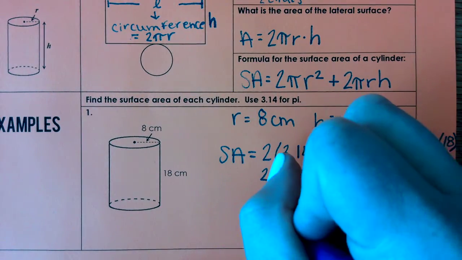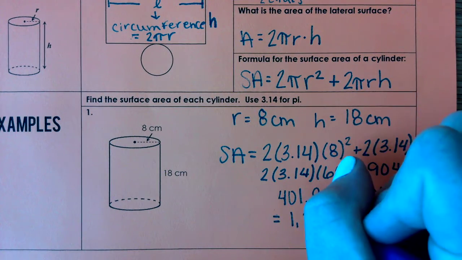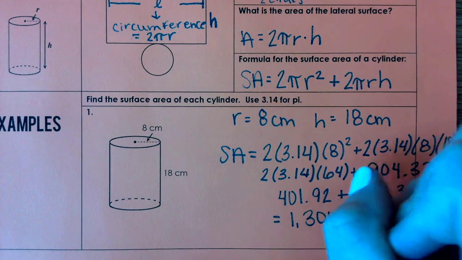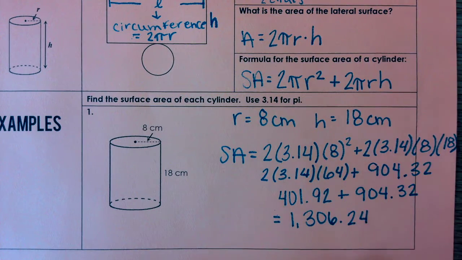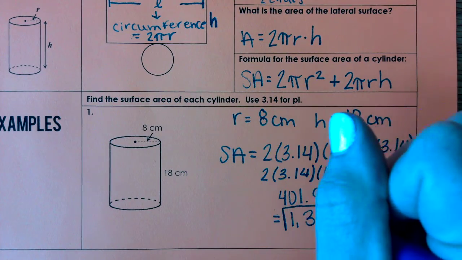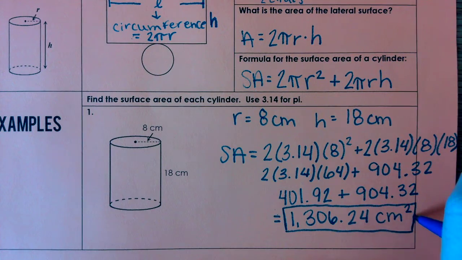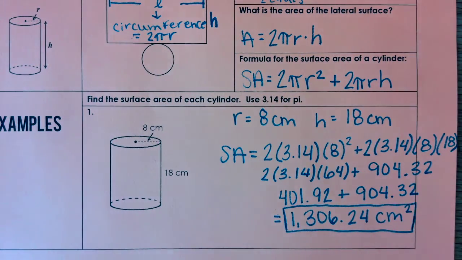Then we just add those two things together to get 1306.24 centimeters squared. That is a lot of centimeters. All we're doing is plugging numbers into our formula. Do we see where we get our numbers from?